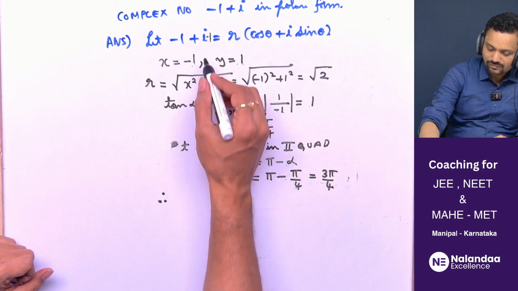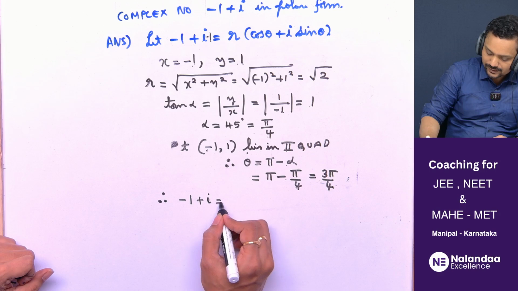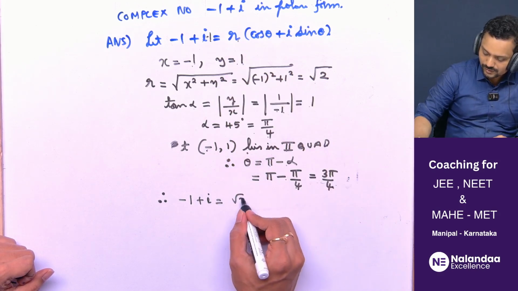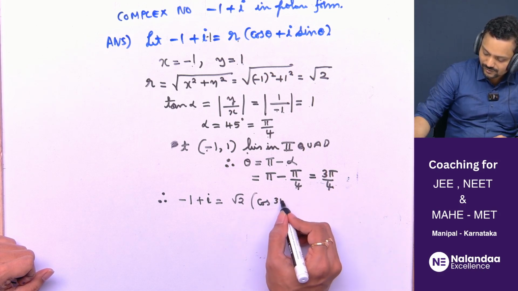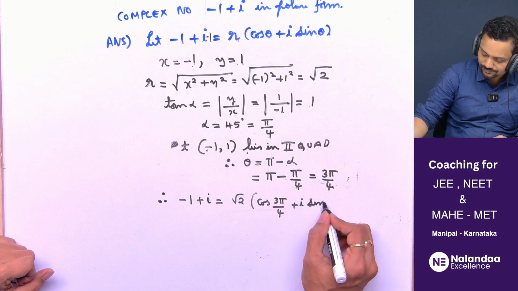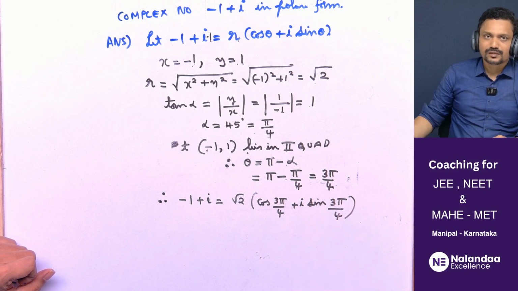Therefore the polar form is, if you go to the first step, minus 1 plus i is equal to r, where r is root 2, into cos of theta, which is 3 pi by 4, plus i sin 3 pi by 4. So this is the polar form.